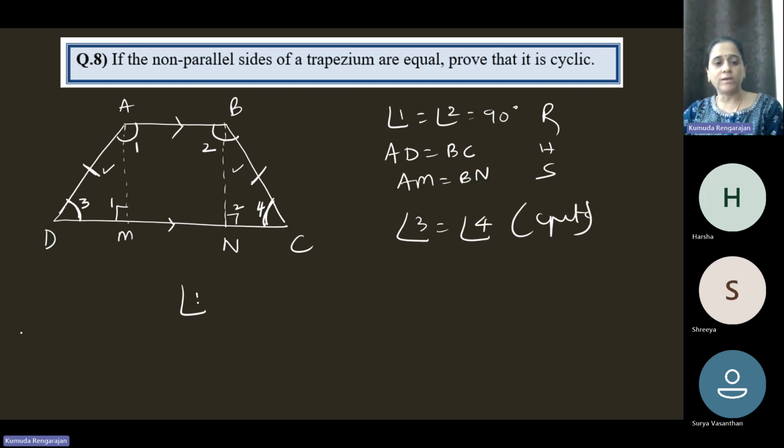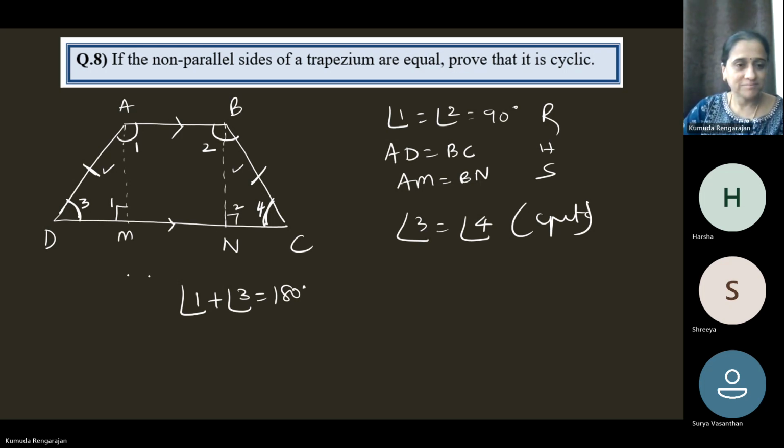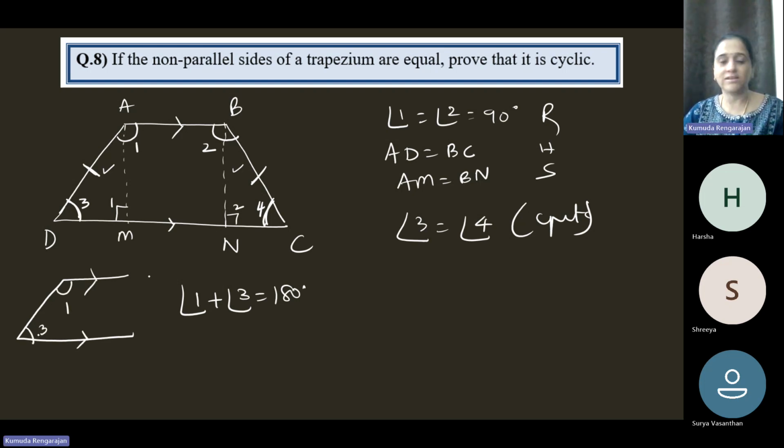Now, is angle 1 plus angle 3 180? Yes. Why?